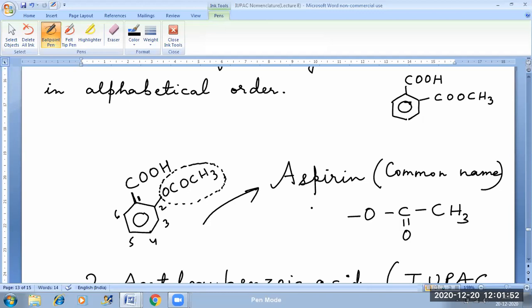So the substituent there is an ester. Even here the substituent is an ester only, no? OCO is also an ester only.